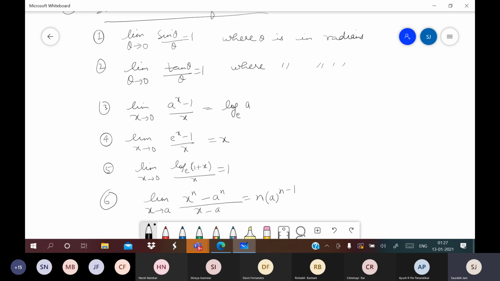I'm telling you the first one, and how to remember it. First thing, sine of the angle, sine theta, I will read it as sine of some angle divided by the angle. You will not always find theta, it can be anything. It can be x, then in the denominator it should be x. In the numerator it can be sine of 2x, so in the denominator it should be 2x. Sine of angle, the same thing present in the denominator.